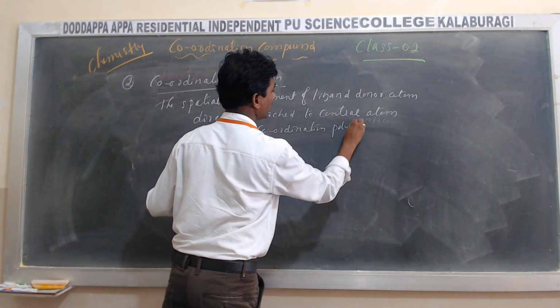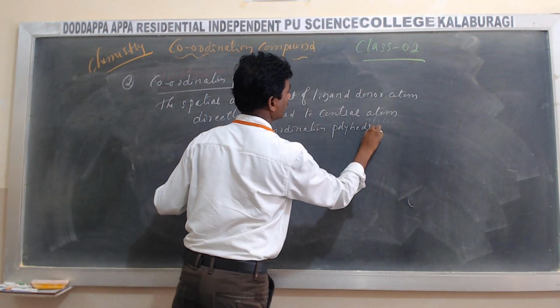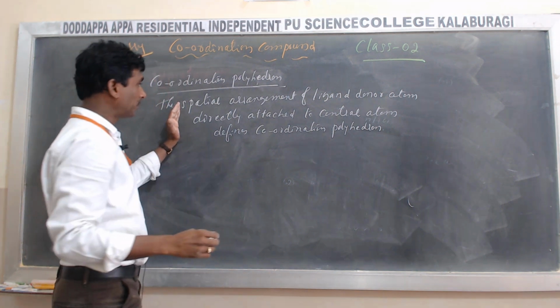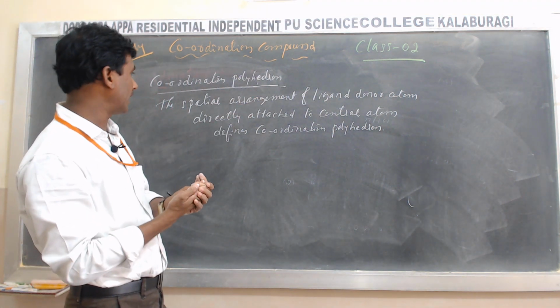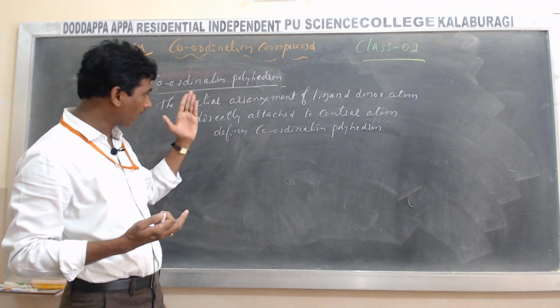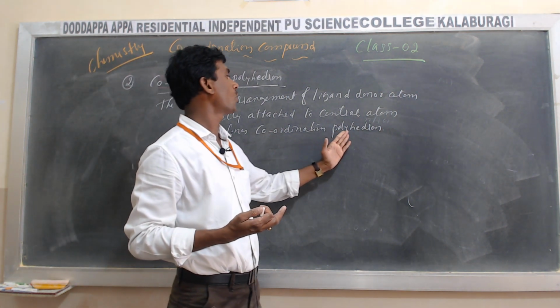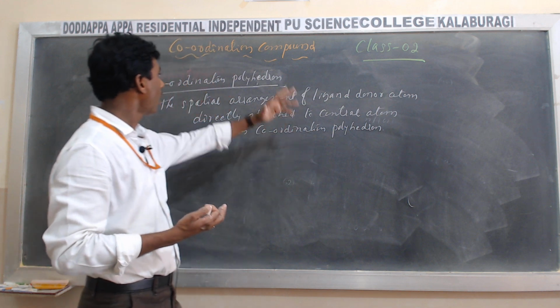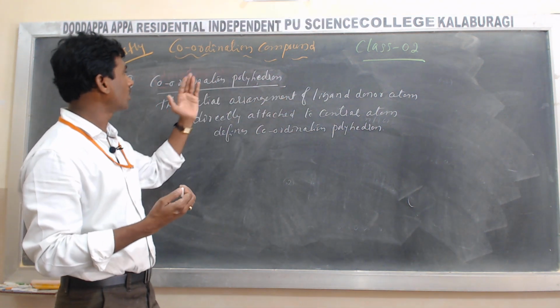Coordination polyhedron. Is it correct or not? So the spatial arrangement of ligand donor atoms directly attached to the central atom or ion defines the coordination polyhedron around the central atom.